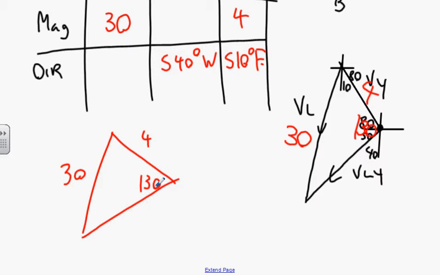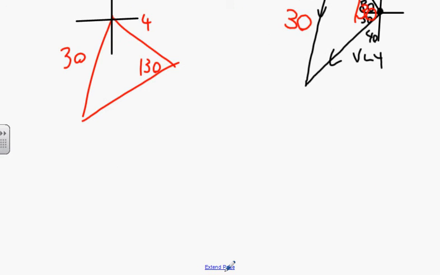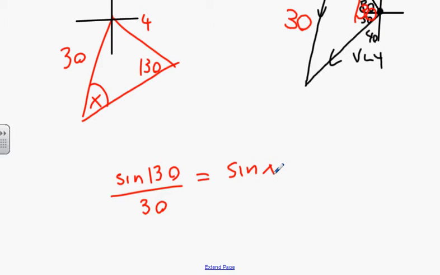What exactly are we looking to find out again? We're looking to find out what direction the yacht took. So if we do a little cross thread here and figure out this angle, we can figure out what direction the yacht actually took. Okay, so we just do the sine rule. Sine 130 over 30, call that x, sine x over 4.